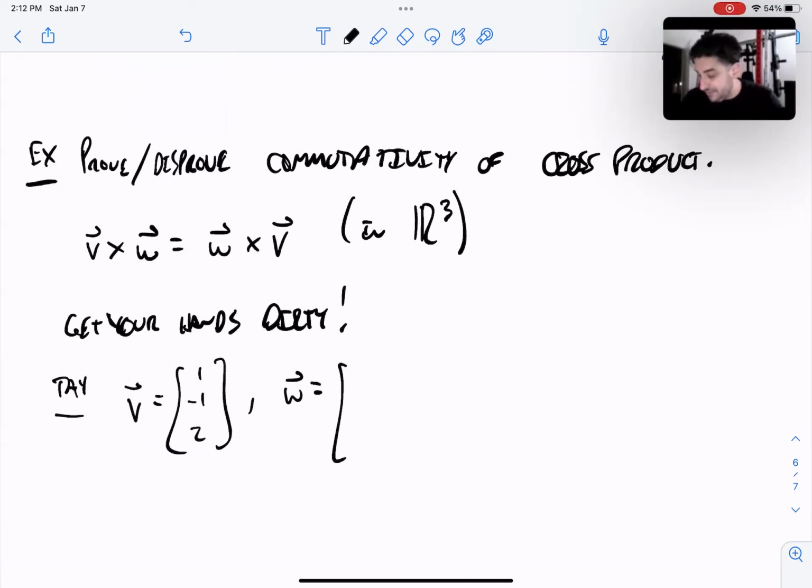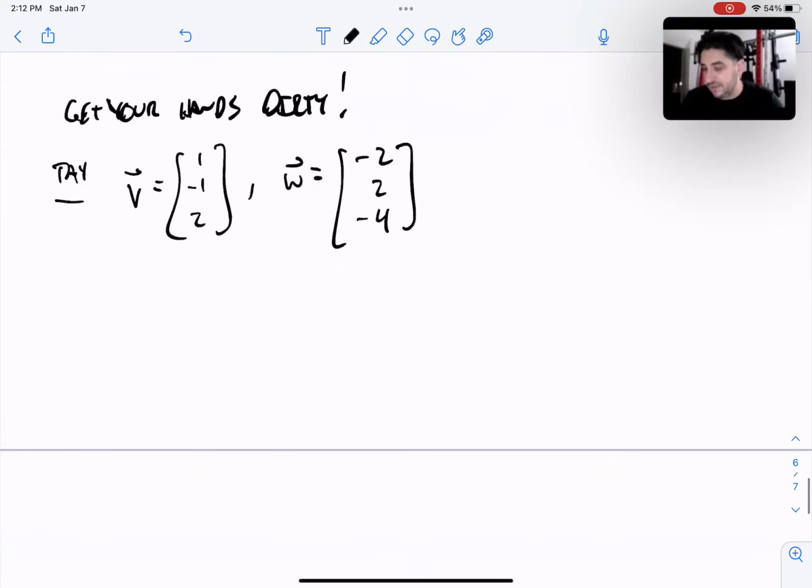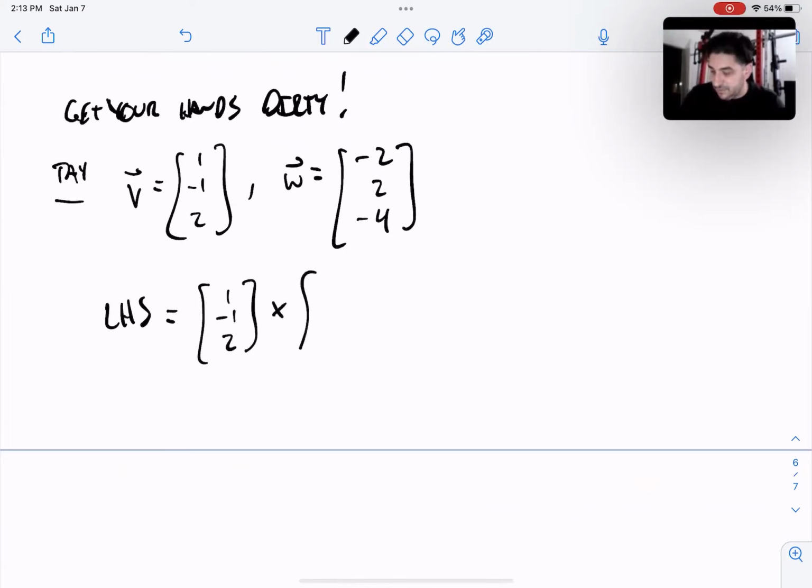Let's say w is (-2, 2, -4), right? Let's say this is our v and w. Okay, well, let's try the left-hand side, let's try the right-hand side, and let's see if they're equal to each other. So left-hand side, what do I have? I have (1, -1, 2) cross (-2, 2, -4).